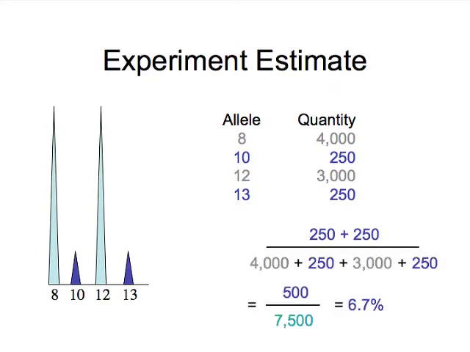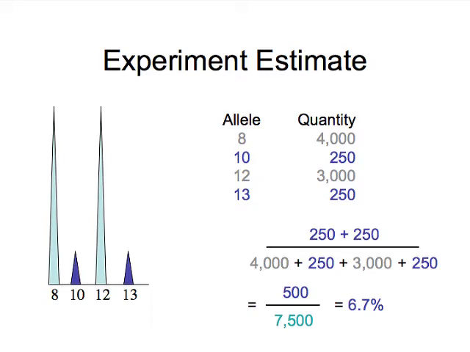Next slide. We can now form our experimental estimate of the mixture weight at this D7 locus. To estimate the fraction of DNA in the template at this locus that came from the unknown blue contributor, we add up the 2 minor contributor peaks from blue, alleles 10 and 13, as 250 plus 250 in the numerator, and then we divide by the sum of all 4 peak heights, 4,000 plus 250 plus 3,000 plus 250.